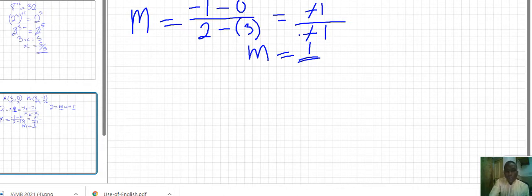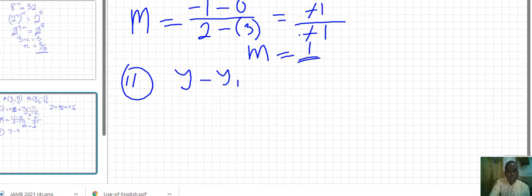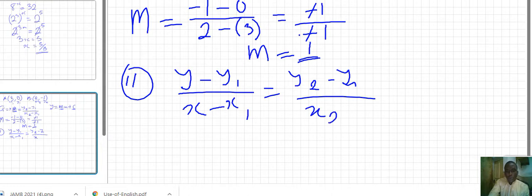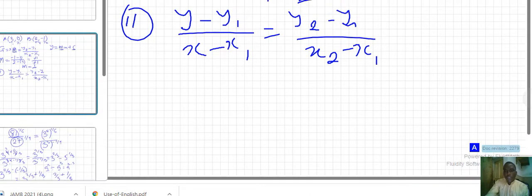The equation of a line, which is question II, is (y - y1) all over (x - x1), and that will be equal to (y2 - y1) all over (x2 - x1). Using this equation, we can find the equation of the line.